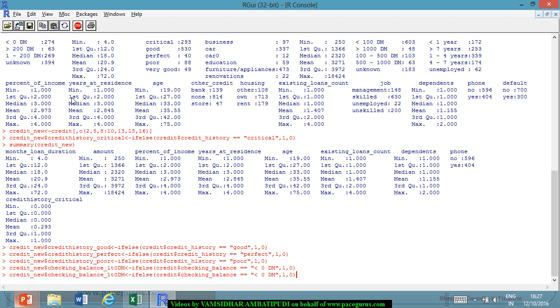Similarly, I can create greater than 200 DM. So I'll call it GT_200_DM. For checking balance, instead of putting less than 0 DM, I'll put greater than 200 DM.